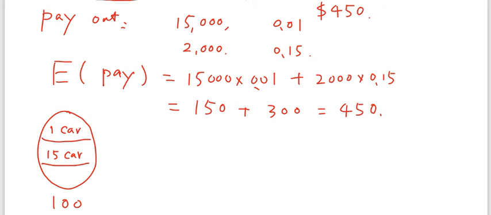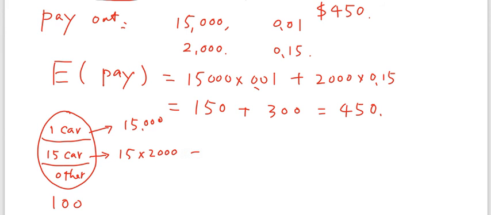Then the remaining cars have no car accident, right? So the payout for this car is so much, right? And for those 15 cars, each car they should pay $2,000, right?